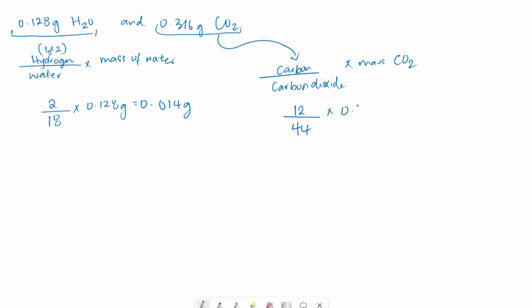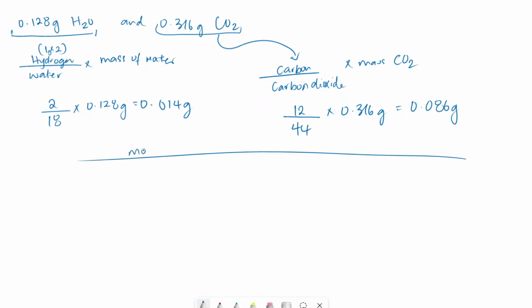Multiplied by the 0.316 grams given, that would give you 0.086 grams of carbon.